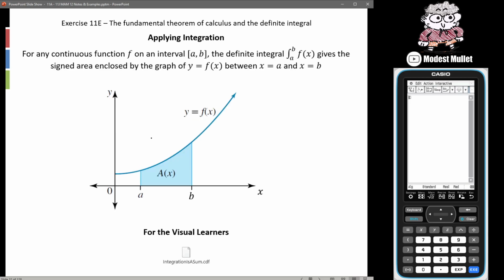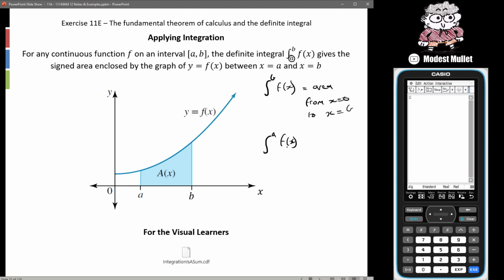Okay. To think about this visually, there's another thing we can add in here, where the antiderivative of, say, just f of x is equal to the area from x equals 0 to x equals b. We could also say a up the top now.